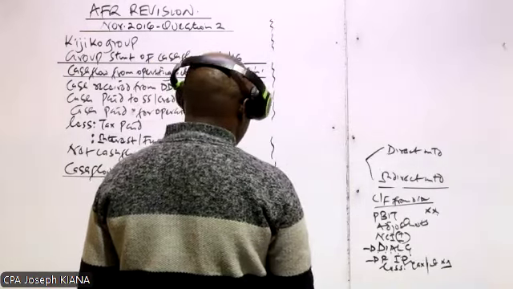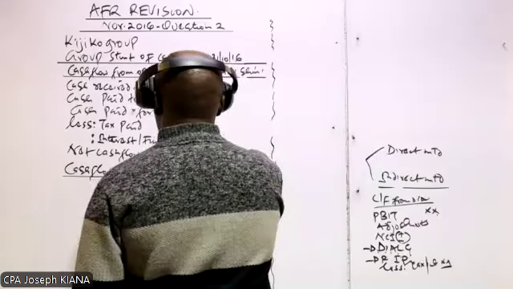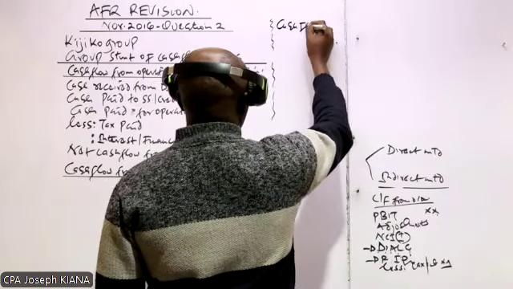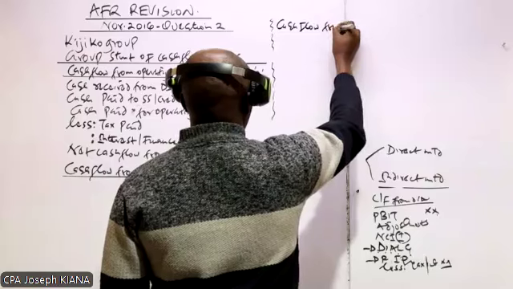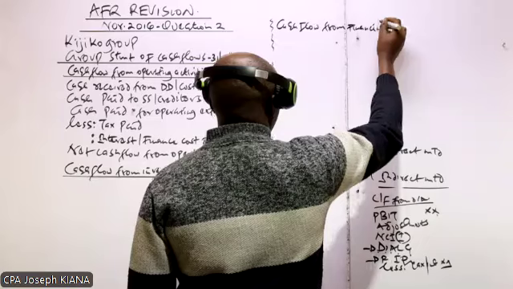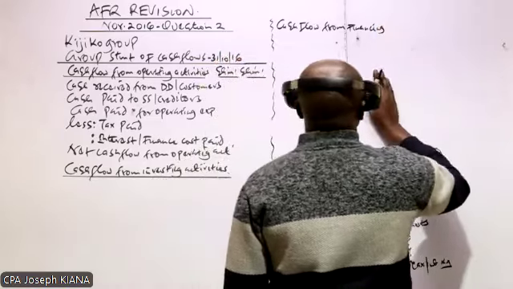So leave some space there, and then you have the other subheading for determining the cash flow from the financing activities.